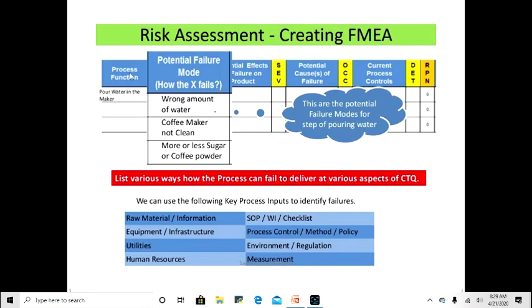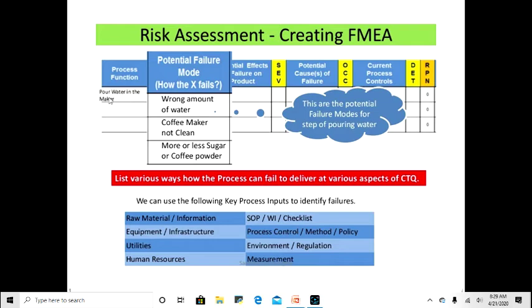Once you are pouring the water in the maker, what happens is, if the output coffee is not good, it means there may be a wrong amount of water added, or the coffee maker is not cleaned, or more or less sugar or coffee powder. So these are the problems with respect to this process.